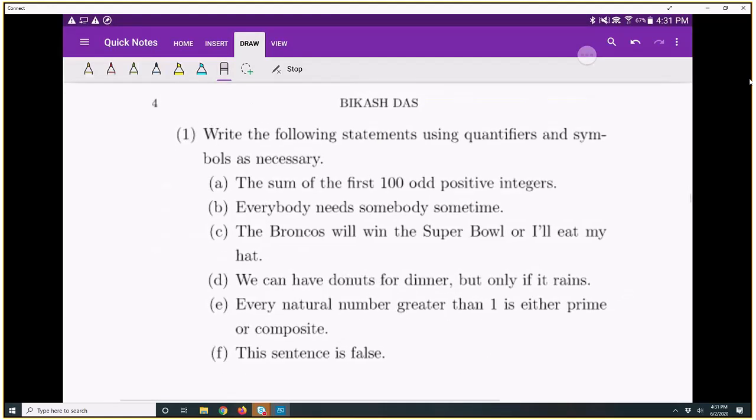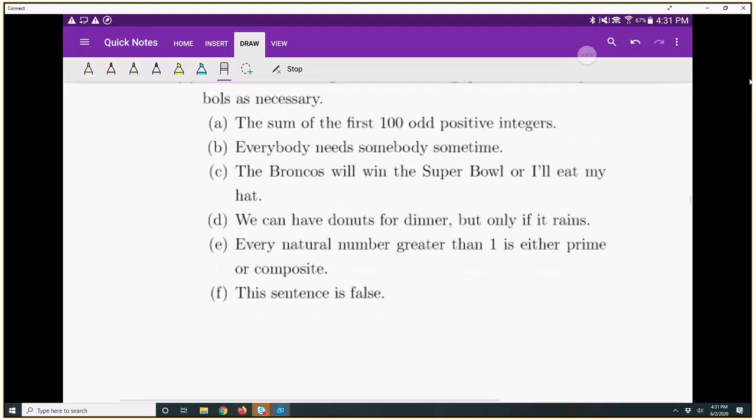So now let's work through some exercises together. First, we're asked to write the following statements using quantifiers and symbols as necessary. The first statement is the sum of the first 100 odd positive integers. Well, this is not a logical statement because we cannot assign a truth value to it.